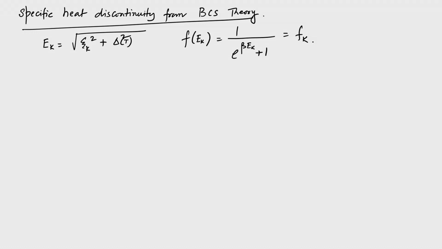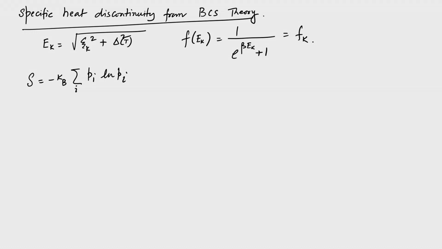Now, to remind ourselves, the entropy expression in terms of these probabilities, or occupation or distribution functions, is given by S equals minus k, the Boltzmann constant, times the sum of p_i log p_i.